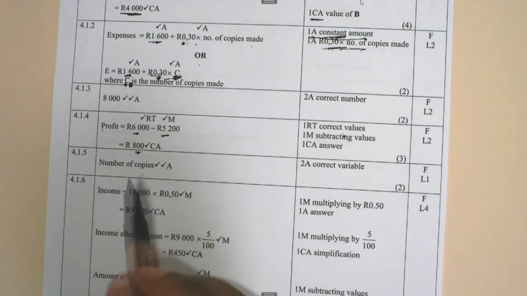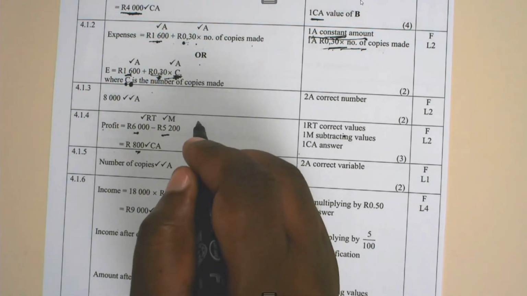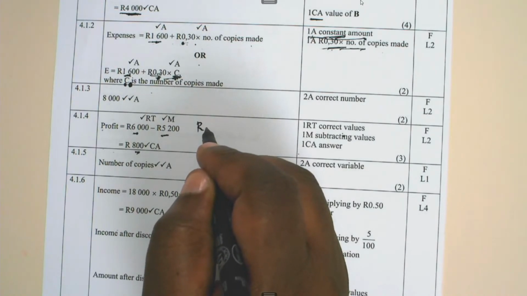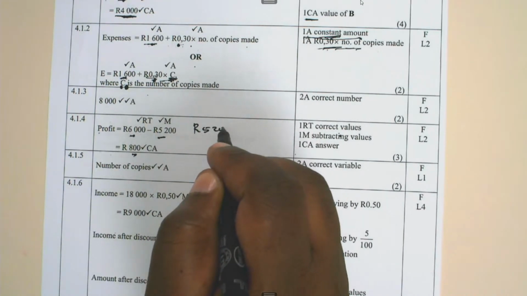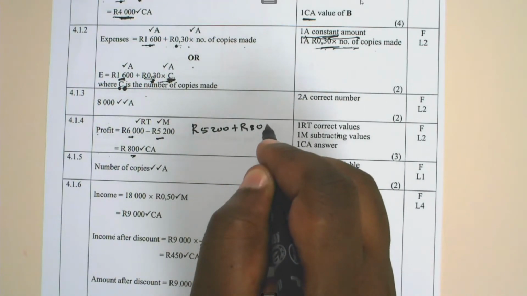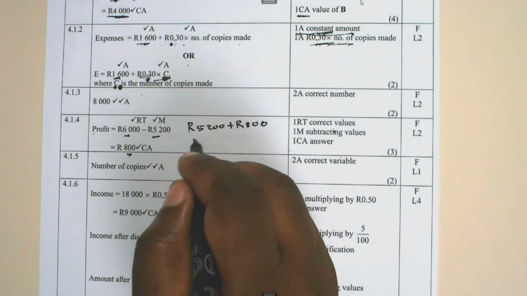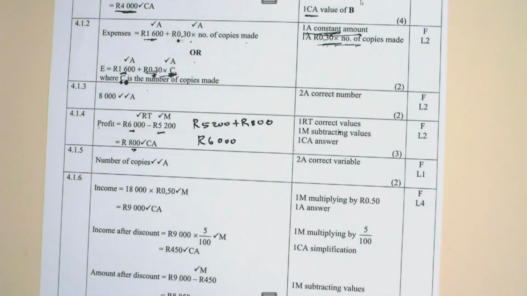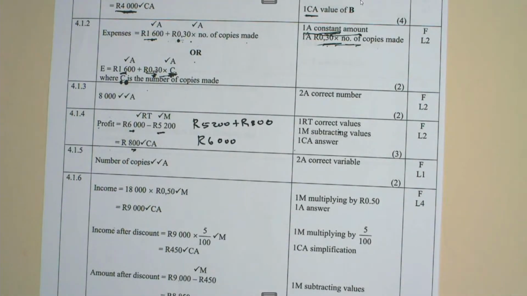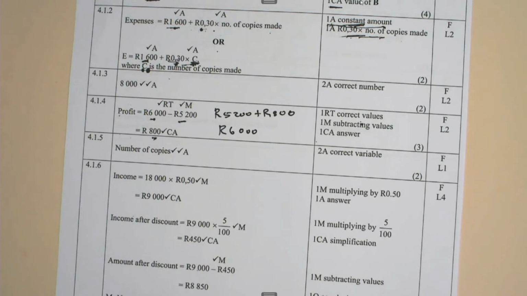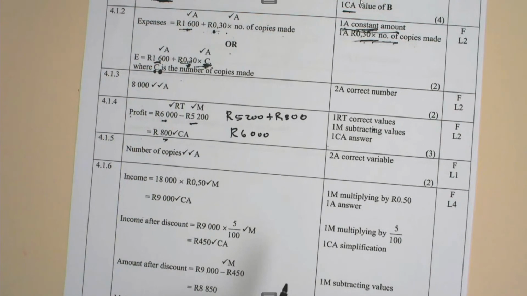But some learners will decide to do the reverse of that: 5,200, and then they add the profit, which is 800, and then the learner will get 6,000. We still credit those learners. We still give those learners full marks. They like to do reverse calculations.